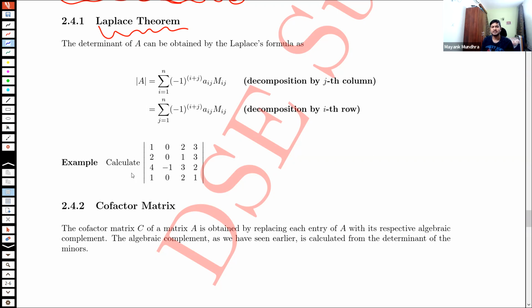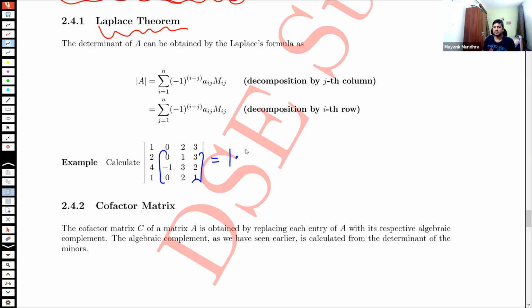So what I'm saying is, suppose you have to find the determinant of this particular matrix. Now, obviously, you see that the pivotal column which you should be using is this one because there are 3 zeros here anyway.